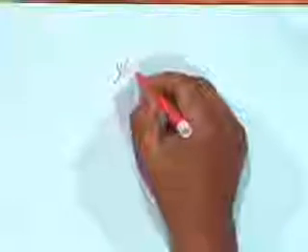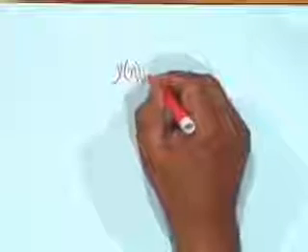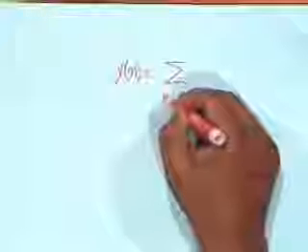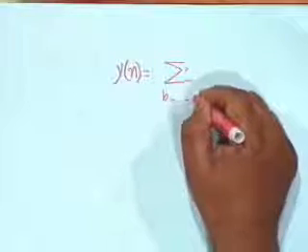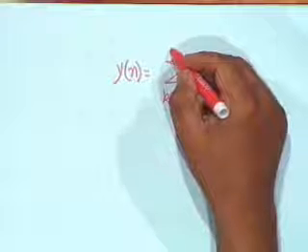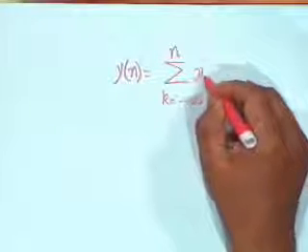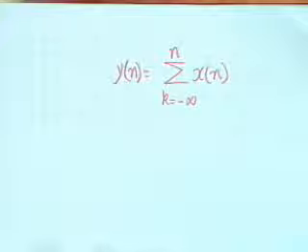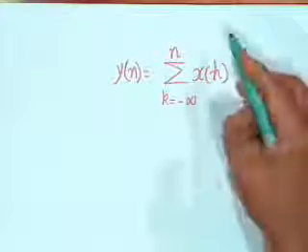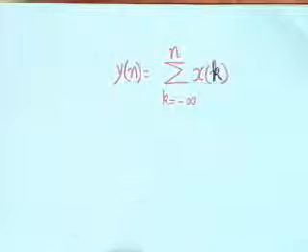Let's take this system. y of n is equal to the summation, k equal to minus infinity to n, of x of k. Is this stable or unstable?